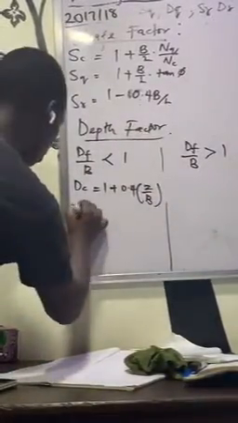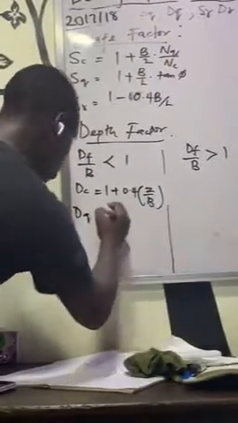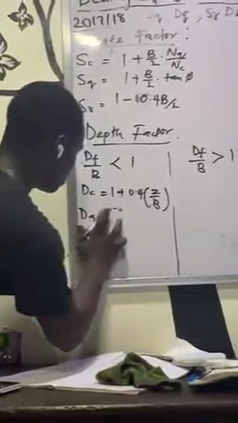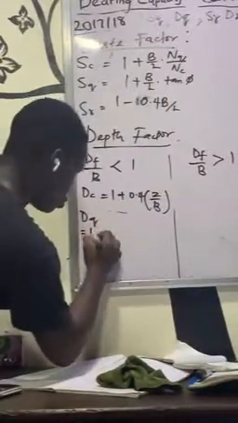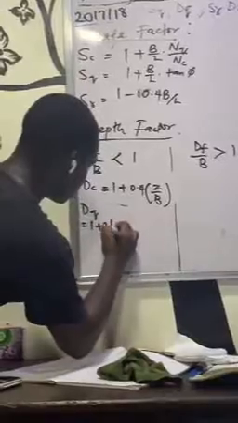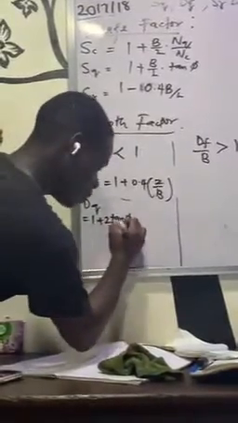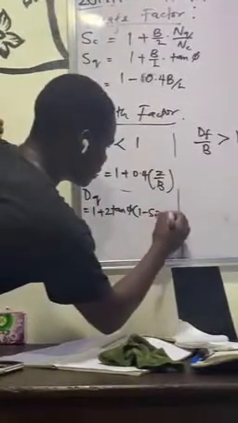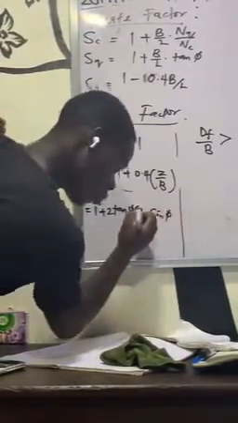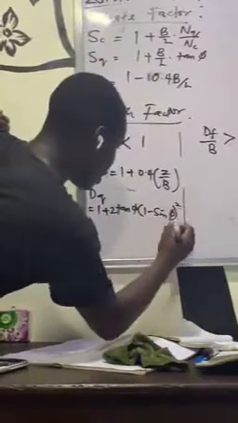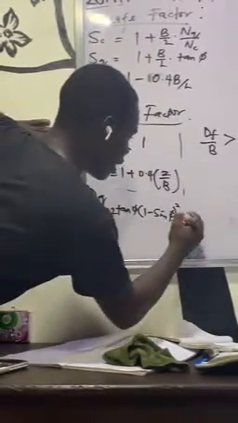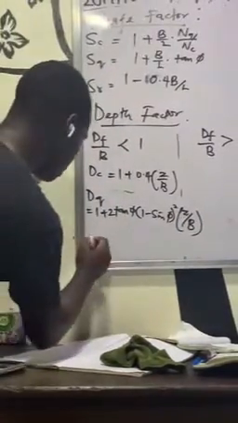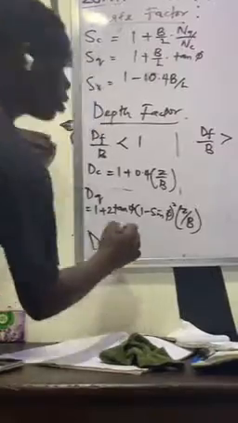Your DQ equals, this is quite long, let me write it. DQ equals 1 plus 2 tan phi into bracket 1 minus sine phi, all squared, multiplied by Z over B. Then D gamma equals 1.